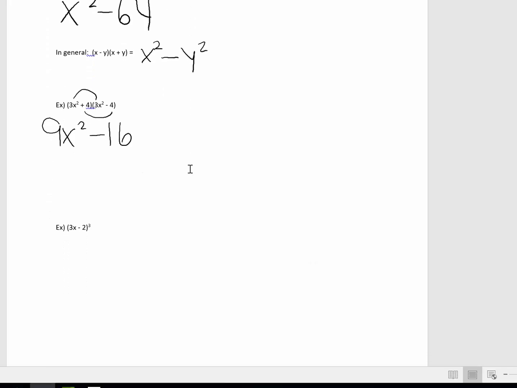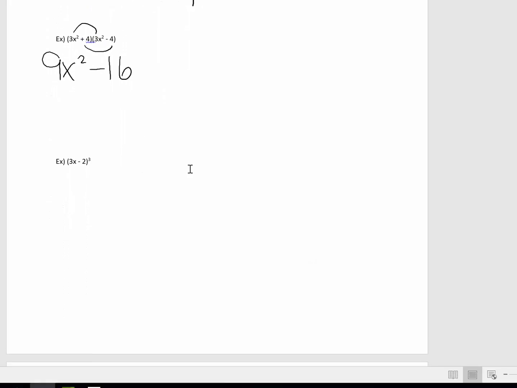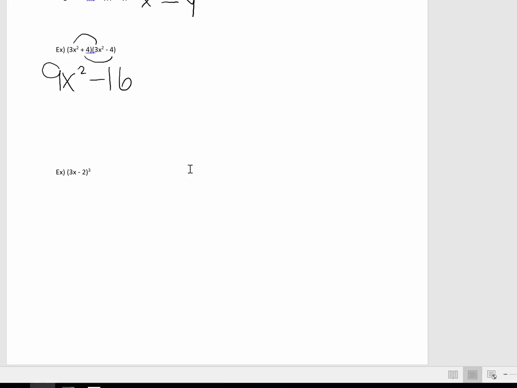Okay, let's take a look at the next example. All right, so it's 3x minus 2, the quantity cubed. Now, that's the same thing as 3x minus 2 times 3x minus 2 times 3x minus 2. So we're going to take these two at a time. I'm going to take this 3x minus 2 times this 3x minus 2.